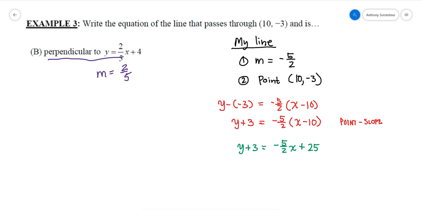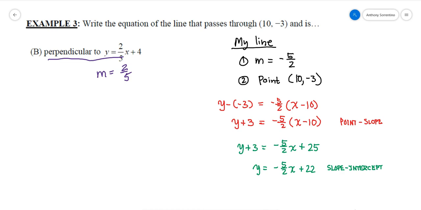Then I would subtract 2 from both sides to get y equals negative 5 halves x plus 22. And this would be the slope intercept. So again, either format is acceptable because of the way the question was asked.